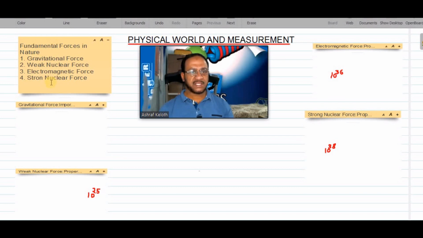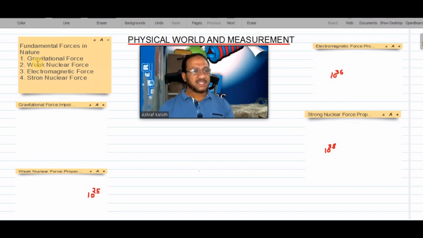That G is a constant of proportionality. You remember the name of that? It is the universal gravitational constant. Its magnitude is 6.67 into 10 raised to minus 11 Newton meter square per kg square. So all of you refresh your memories. All the concepts you learned in 9th standard are needed this year.